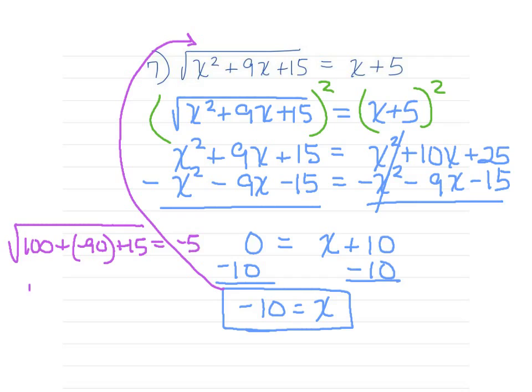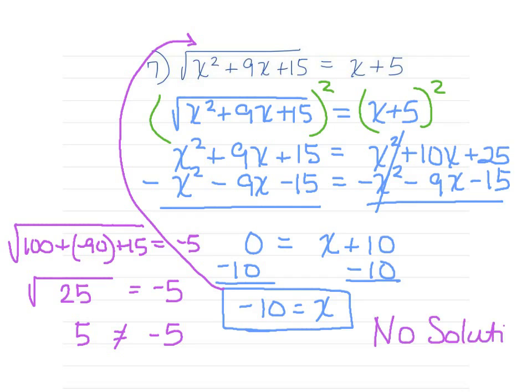So when I simplify here, I have 100 plus negative 90 would be 10, plus 15 would be radical 25, is equal to negative 5. So we know that radical 25 is 5, and 5 does not equal negative 5. So in this case, the answer is no solution. The one solution that we got was extraneous.